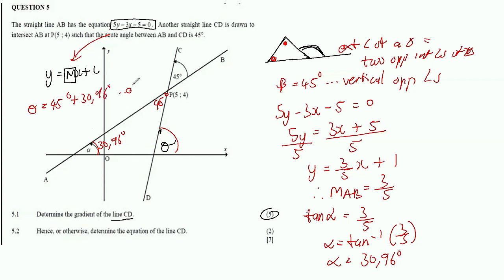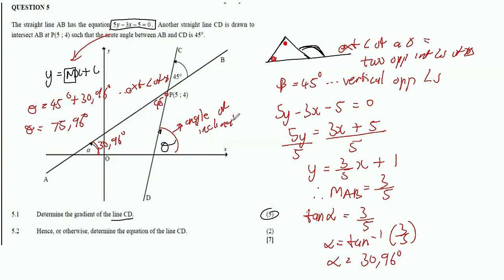And our reason is exterior angle of a triangle, right? Then what is our theta there? So our theta will have to be 75.96 degrees, which represents the angle of inclination.